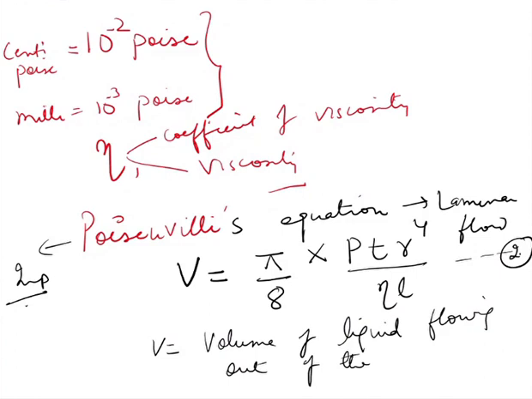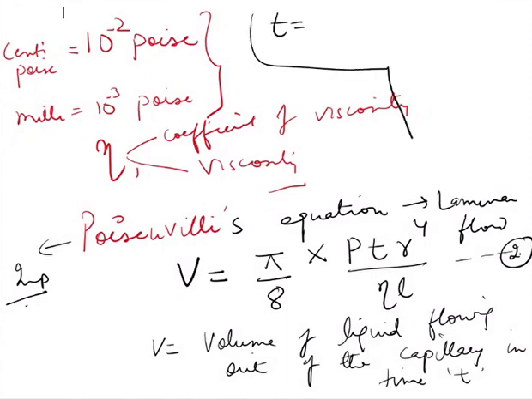V is the volume of liquid flowing out of the capillary in time t class. Okay. Volume of the liquid flowing out of the capillary in time t. We will see now how, and which instrument we use for this. T is basically your time, I am writing it above class, in which volume V.